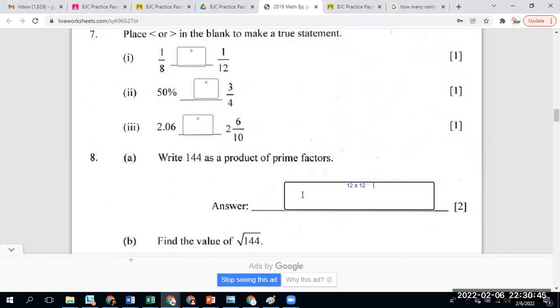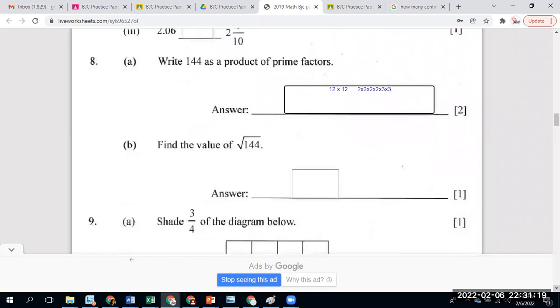Well, 12 is 2 times 2 times 3. Since we have 2 12s, we would write another set of 2s and another 3. So that's our answer. 144 as a product of its prime factors is 2 times 2 times 2 times 2 times 3 times 3.